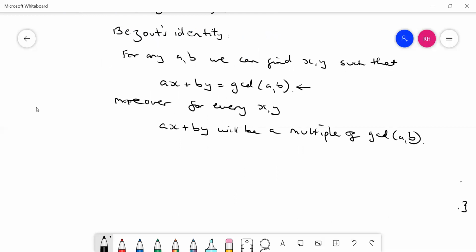And in fact, you can't get anything but the multiples of the GCD of A and B.